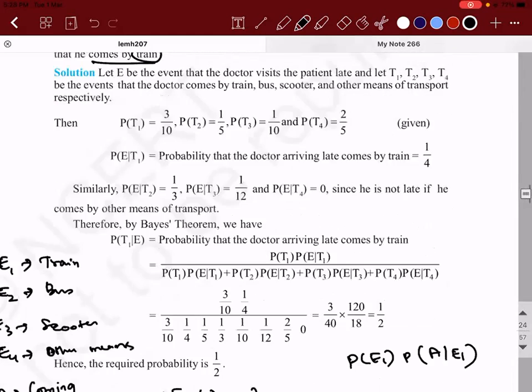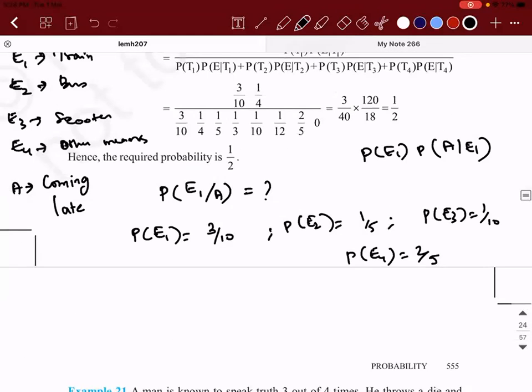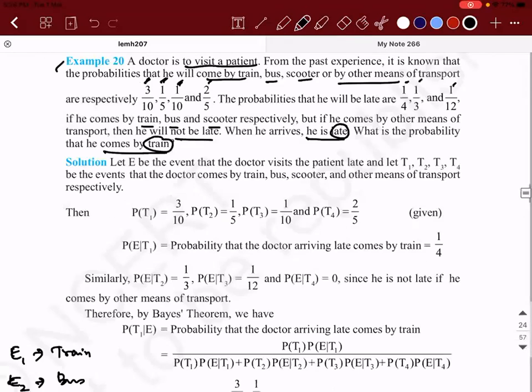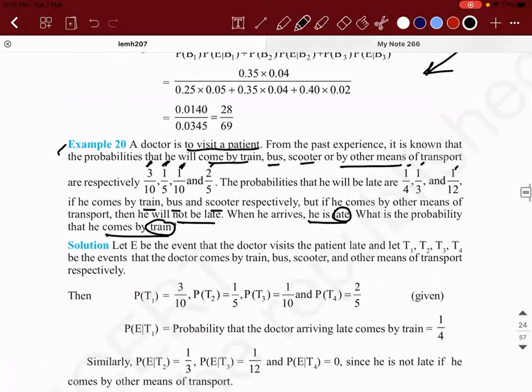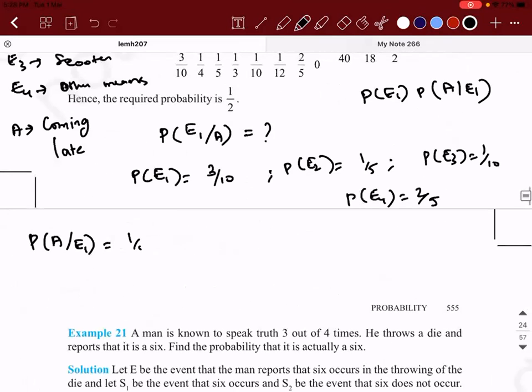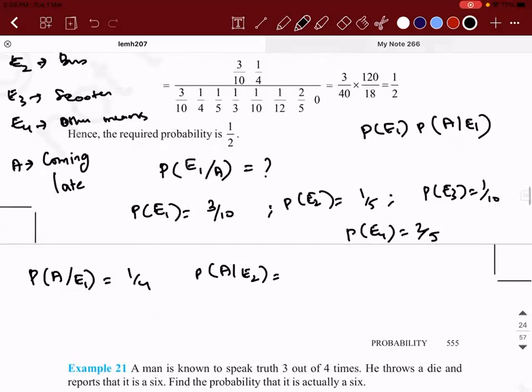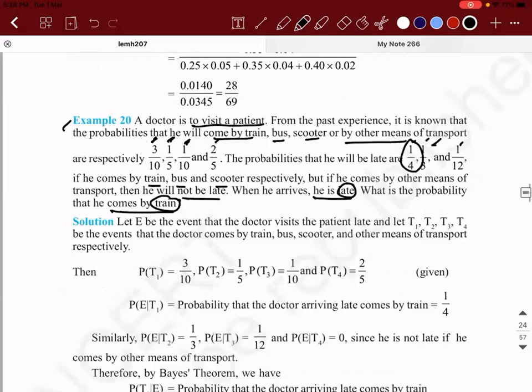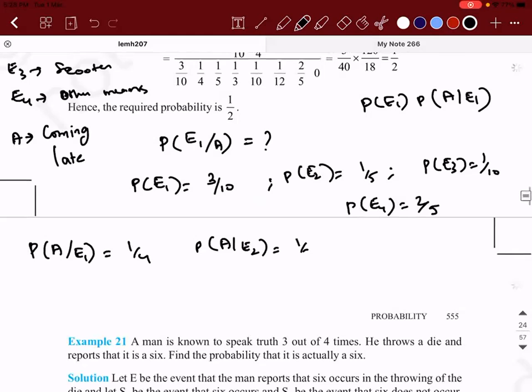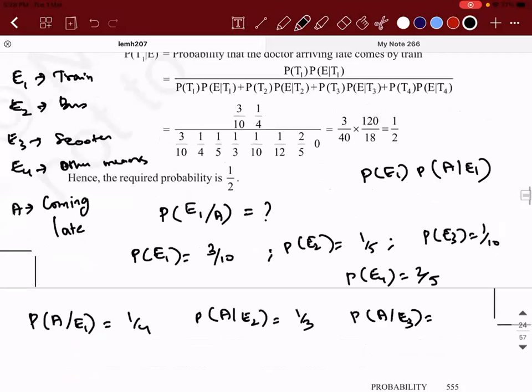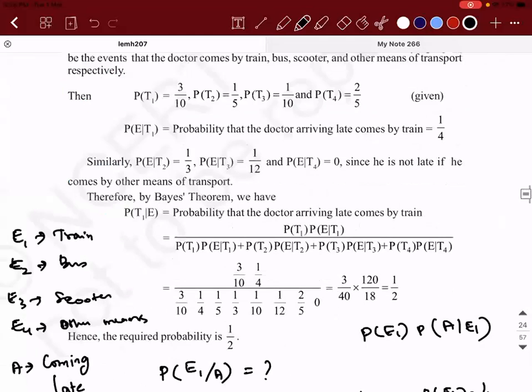Correct? Now the question is, what is the probability of A given E1? It is 1 by 4. What is the probability of A given E2? That is 1 by 3. What is the probability of A given E3? That is 1 by 12.